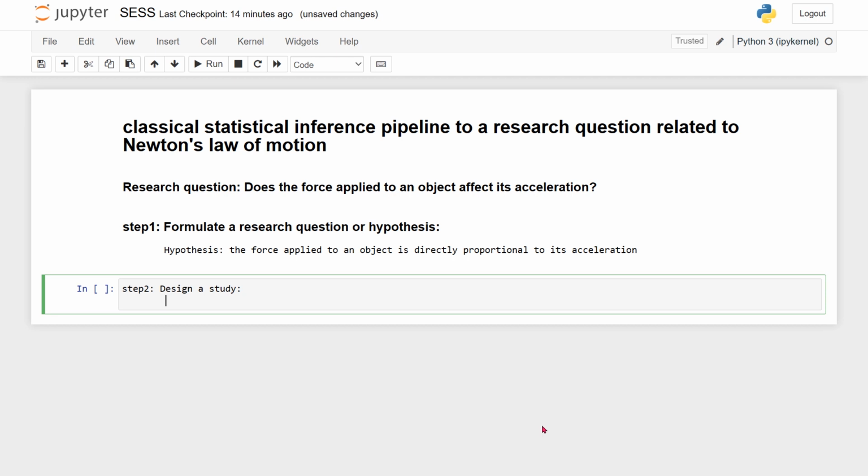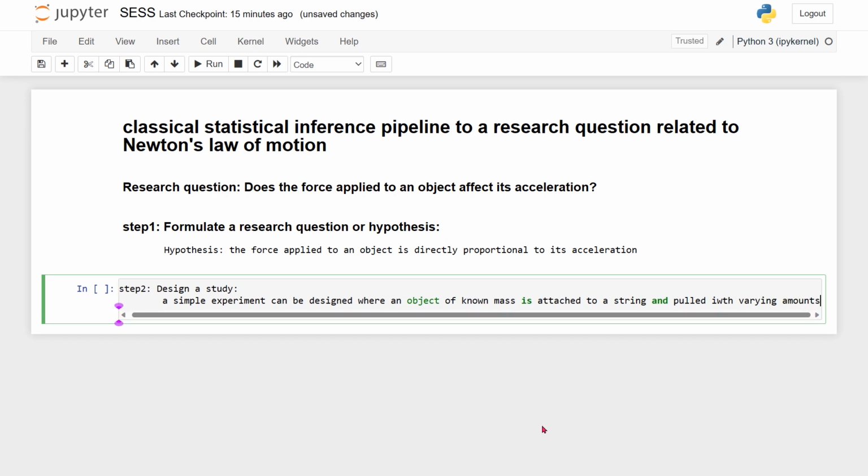Here there is nothing much complex, so a simple experiment can be designed, where an object of known mass is attached to a string and pulled with varying amounts of force.